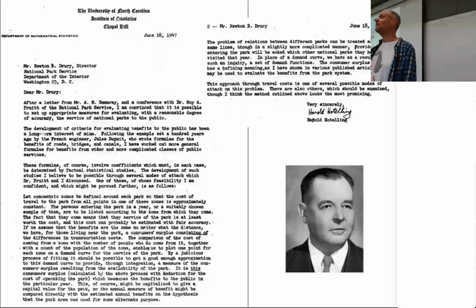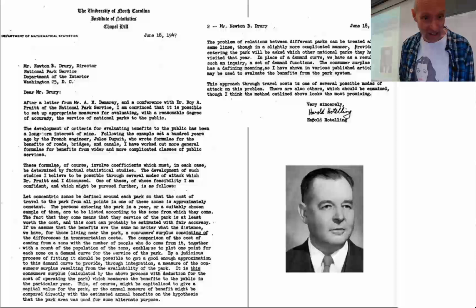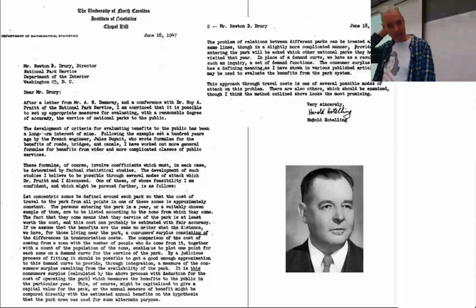The travel cost method was proposed by this guy here, Harold Hotelling, in a letter he wrote in 1947. And really this is the proposal. It wasn't published in a journal, it was in a letter to the director of the park services. For those of you who do not know, Hotelling is one of the foremost economists in the first half of the 20th century.